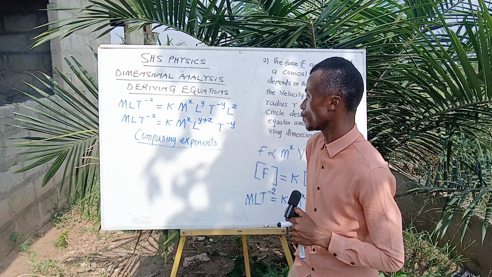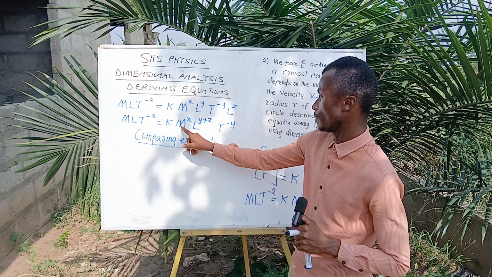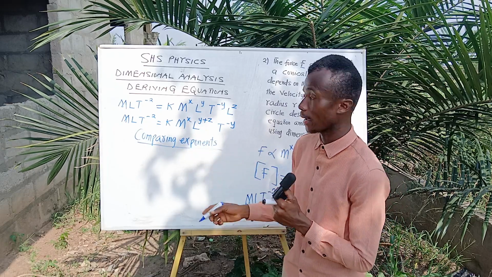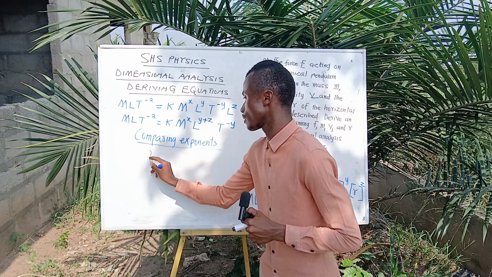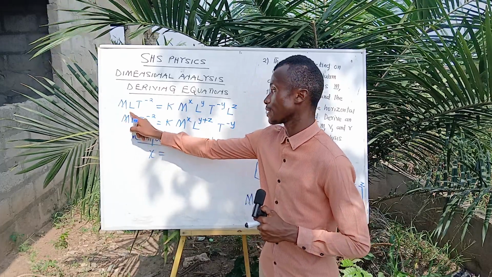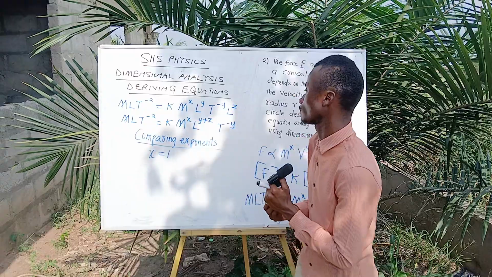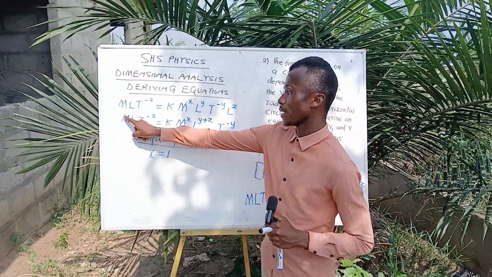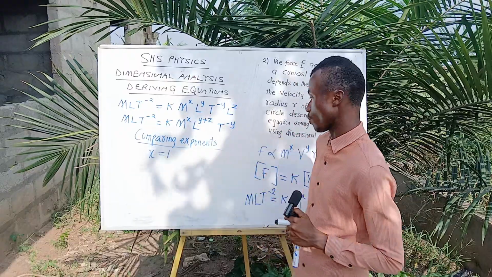Let's see the exponent of m. It is only x, so let's start with that one. Comparing the exponent of m, x is equal to its counterpart here, m to the power 1. So m to the power x is equal to m to the power 1. Therefore, x is equal to 1.